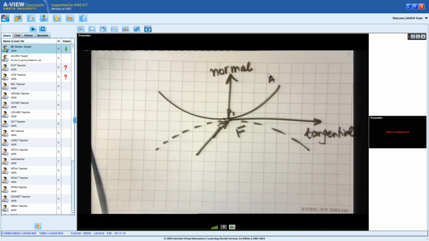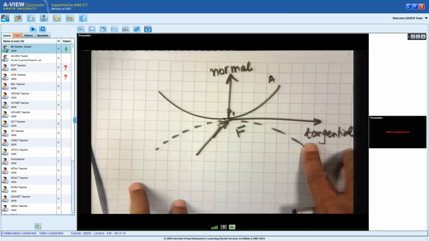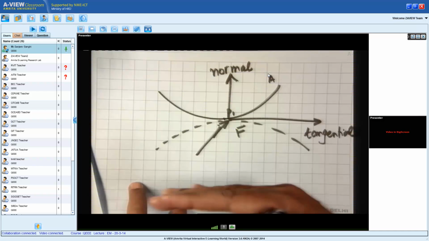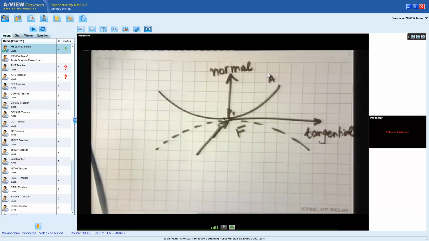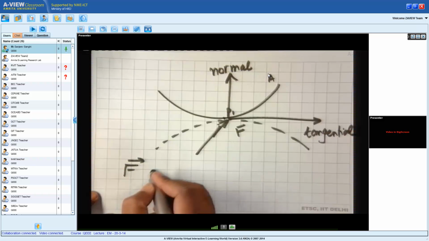If this is a three-dimensional figure, the tangential direction will actually be a plane, and perpendicular to that plane we will have the normal. In a two-dimensional situation, the tangential line is only along one line and the normal is perpendicular to that.